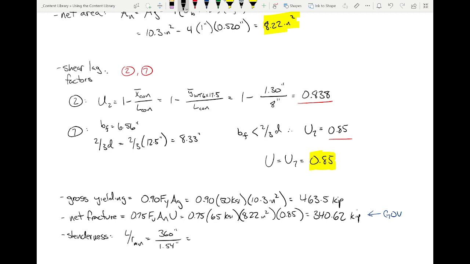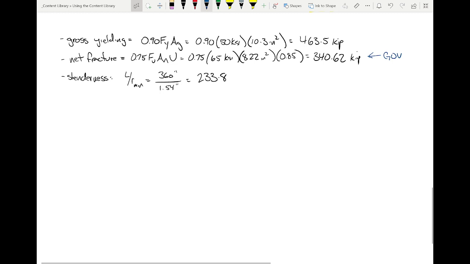And I'd say to the nearest tenth is probably fine. Usually when I'm doing columns, though, when I compute slenderness, it's to the nearest hundredth, because it's a little bit more important in that world than it is for this.